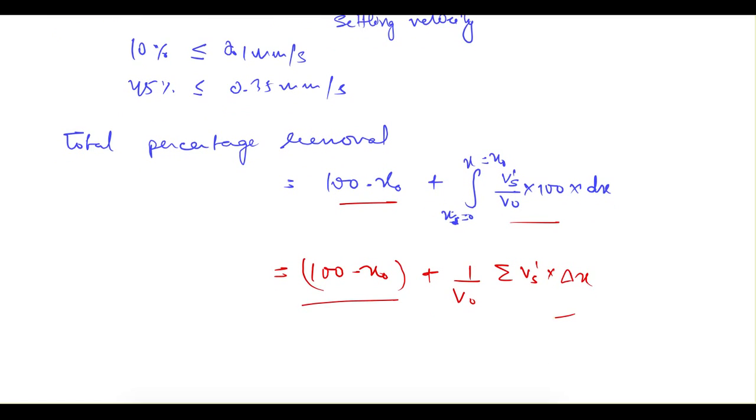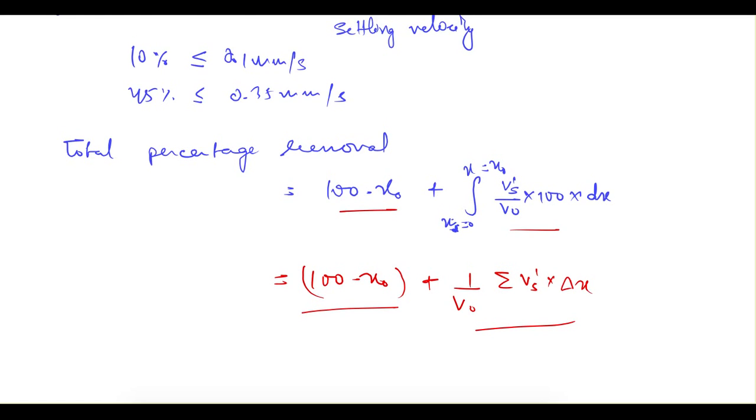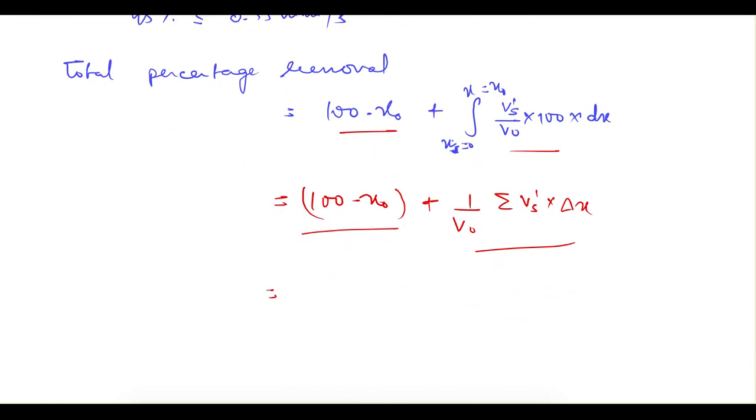So this is actually what we had done in our example. 100 minus x naught was 100 minus 45%, so we got 55%, which was 550 grams, and for the remaining part we did this: for the 0.1 mm it was 0.2 by 0.35 or something like that, into 10%, as that was their share of particles.